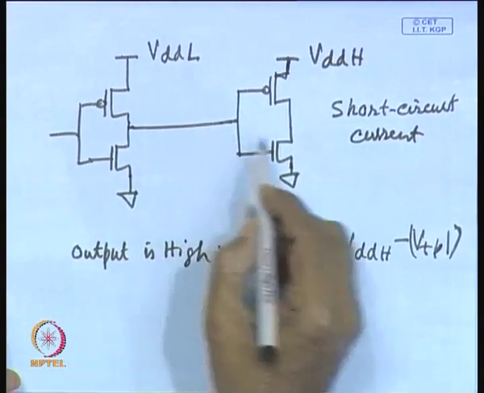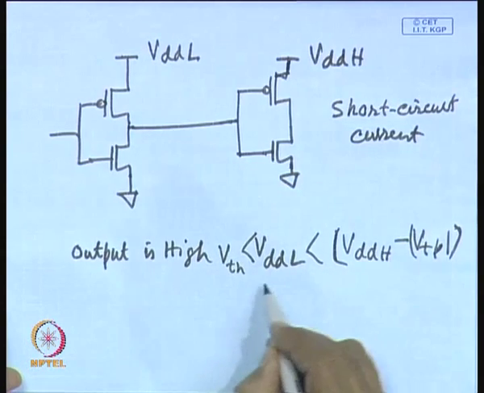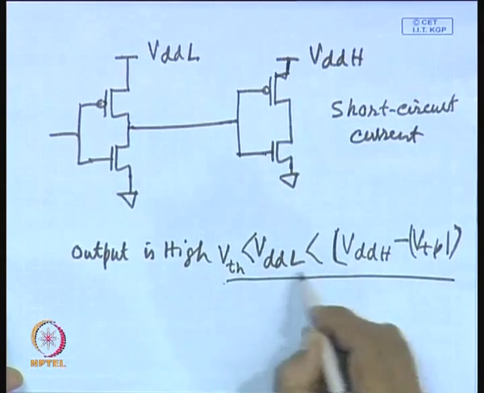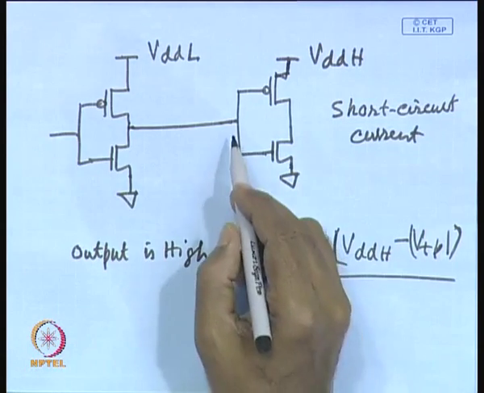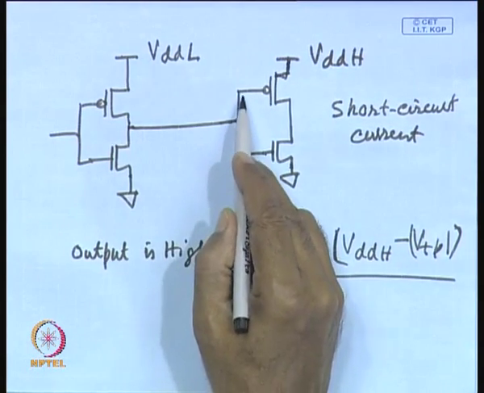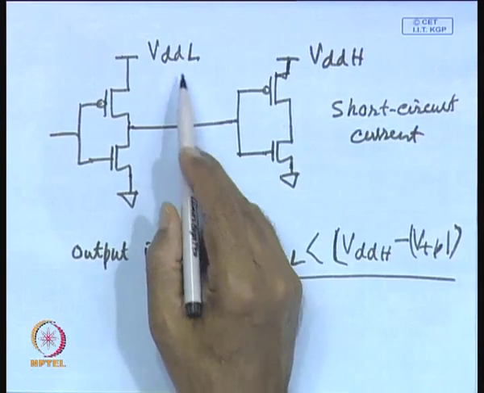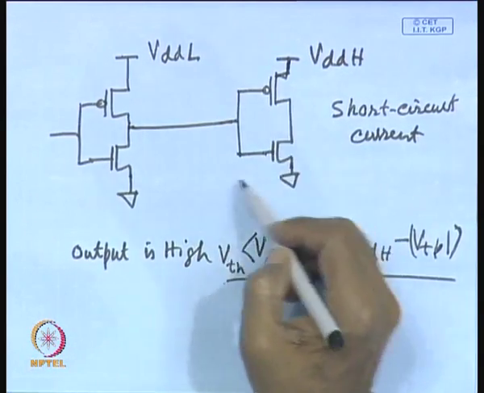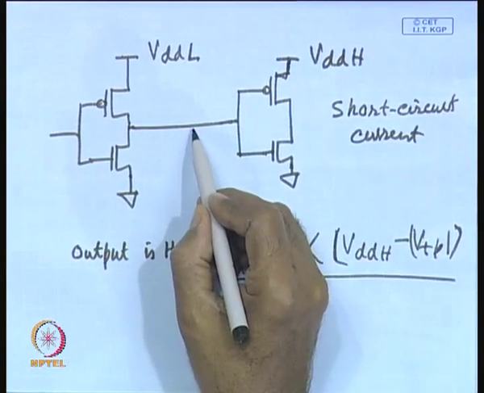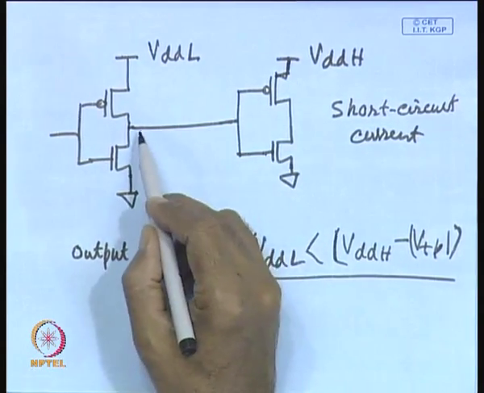The second problem is that even if this condition is not satisfied, and the voltage is higher than VDDH minus VTP, the drive to this stage will decrease, because at high level this voltage is lower than VDDH. So, the delay of the next stage will increase because of lesser drive coming from the previous stage.